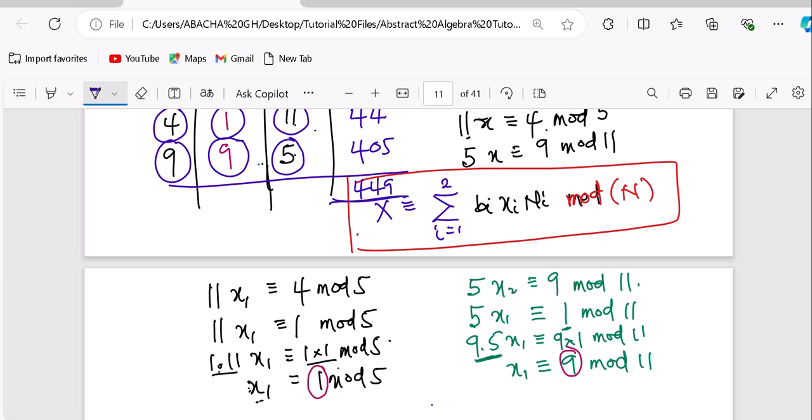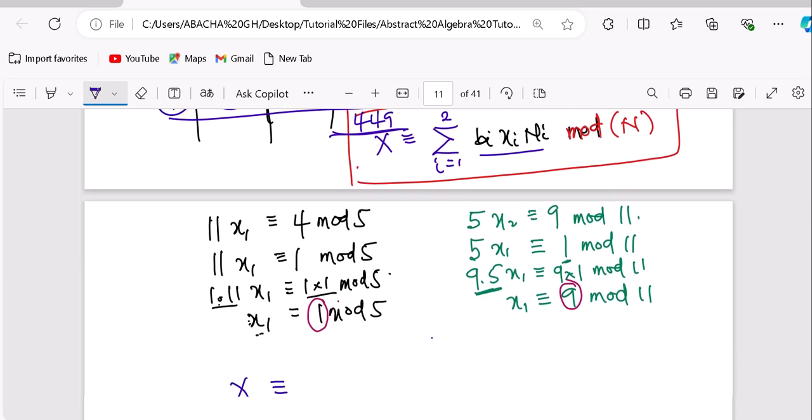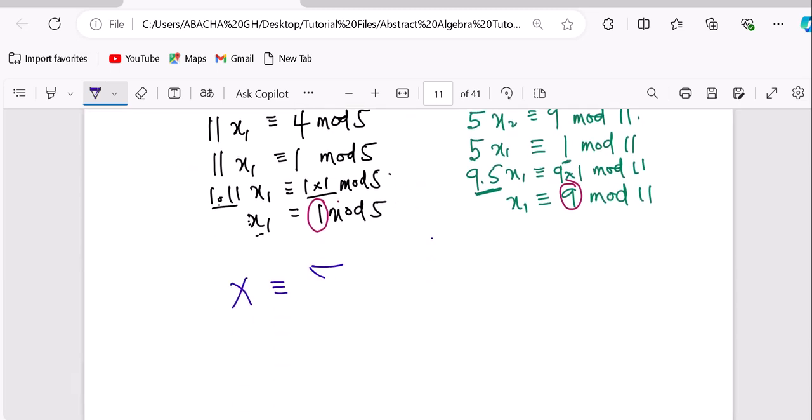This is the summation, for this part. In this case, we just have 2 congruences.